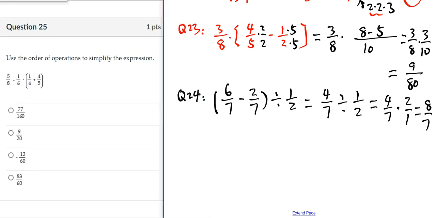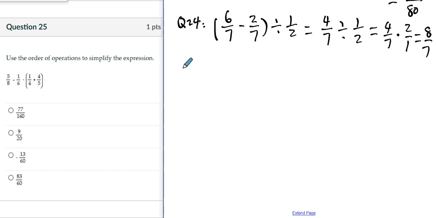25. Question 25. That sounds a little bit complicated, but it is really not. Subtract 1/8. Inside is 1 over 4. You see, I wrote a little bit far away. You may want to do the same.